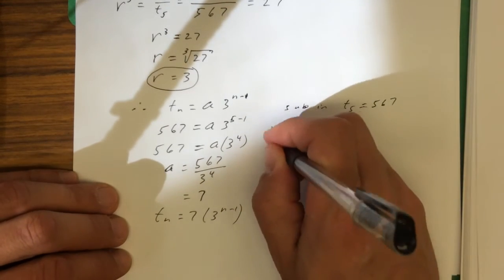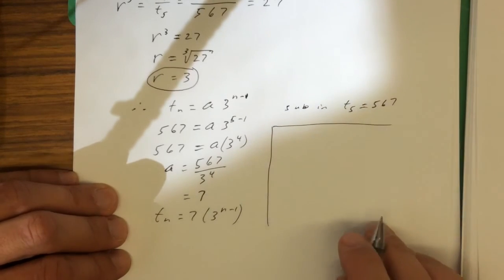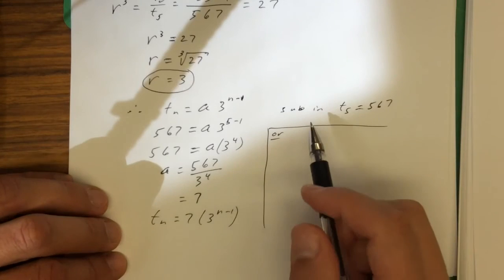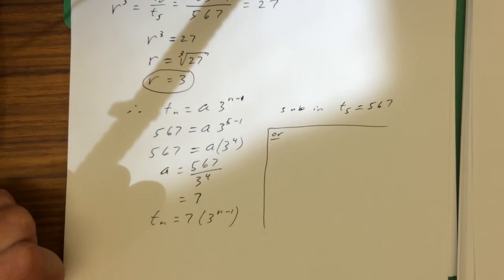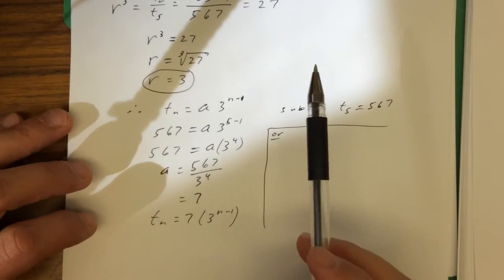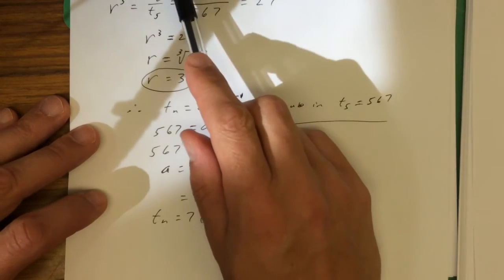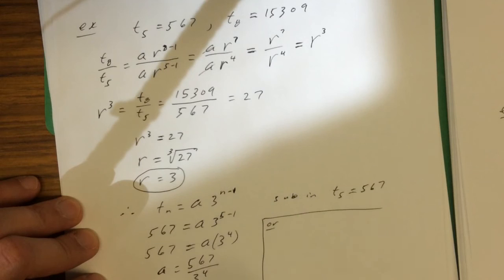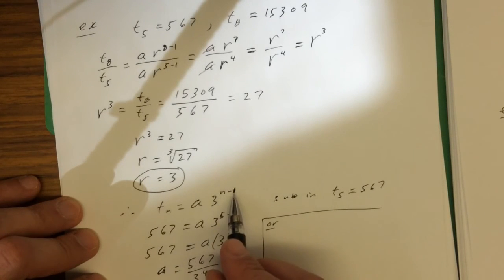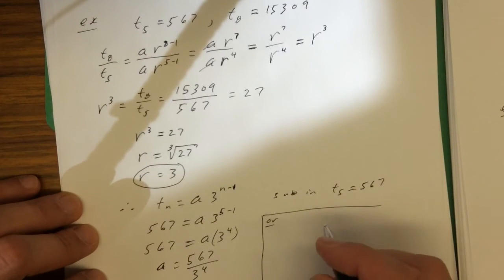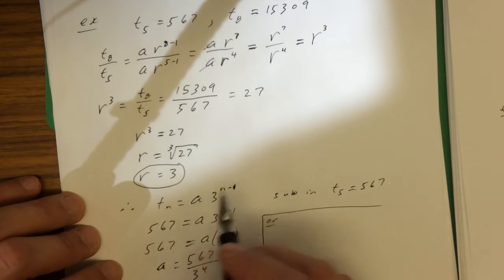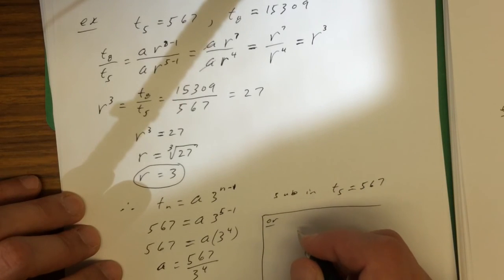Another way you could do this, and this is probably shorter, as we've talked about before: if you know the term 5, which you do in this case, then instead of putting n minus 1 for the first term, you could put a n minus 5 and plug that in. So that would be the fifth term.